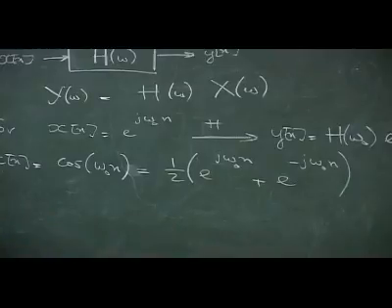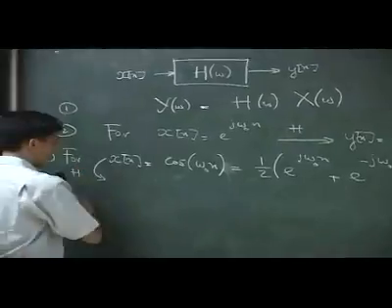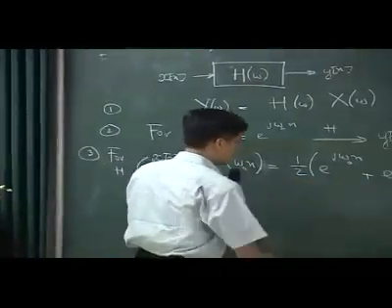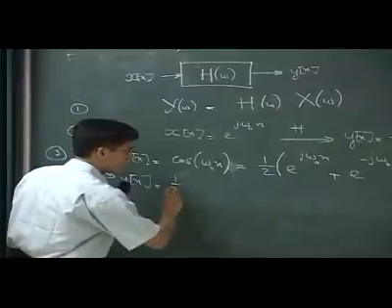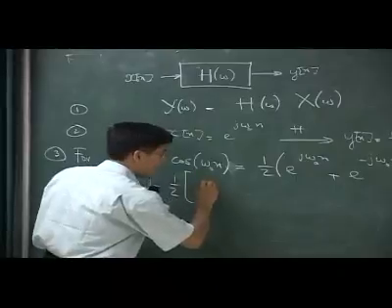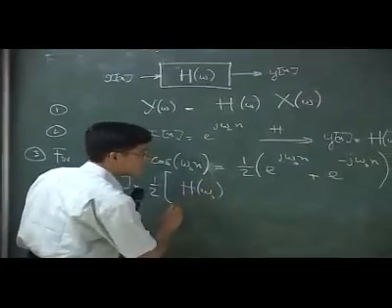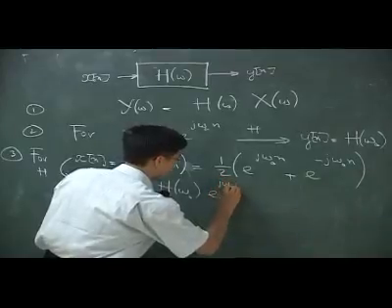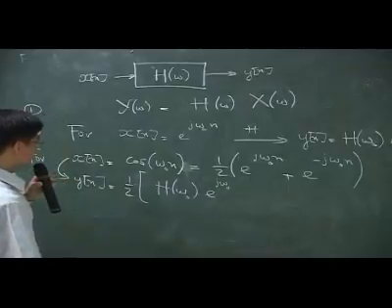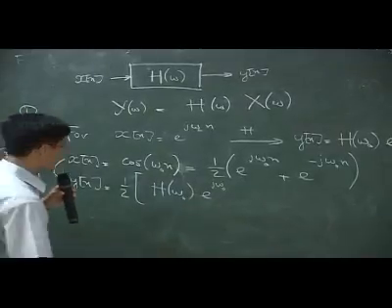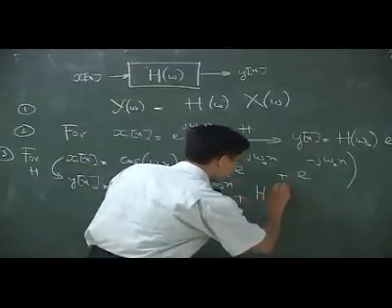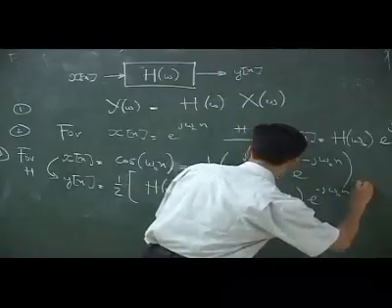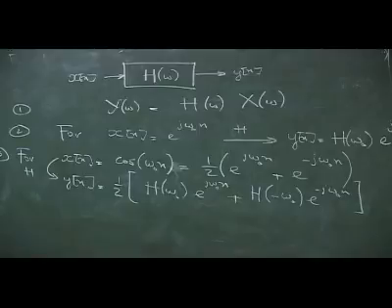And now I'm going to put this signal through the system H. Then y[n] is going to be equal to 1 over 2 times H of omega naught e^{j omega naught n} plus H of minus omega naught e^{-j omega naught n}. Are we okay with this? So that's what we get out here.